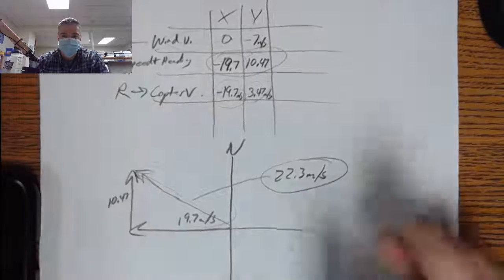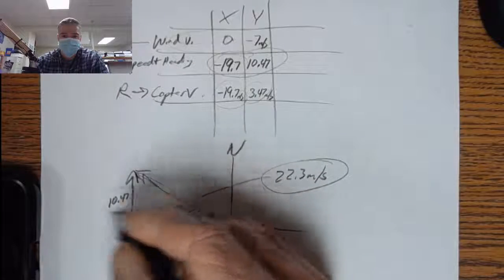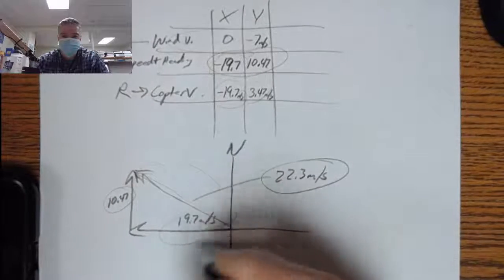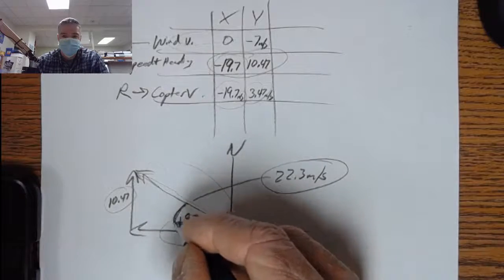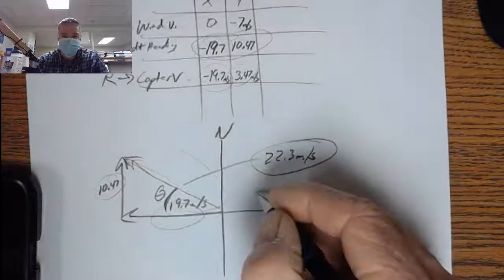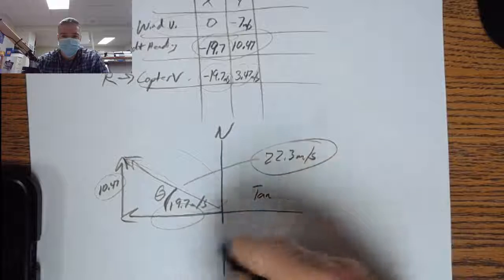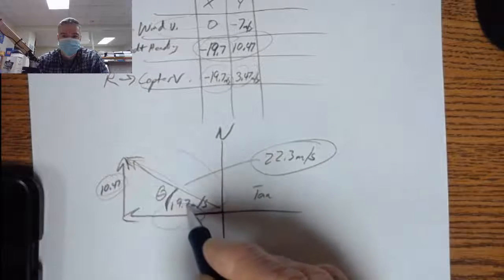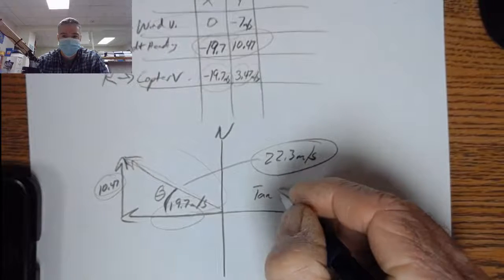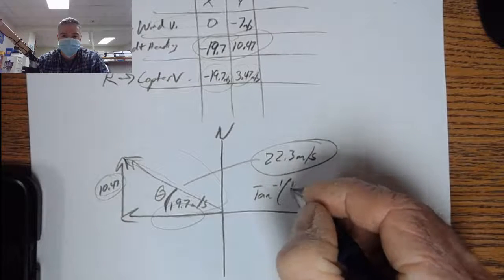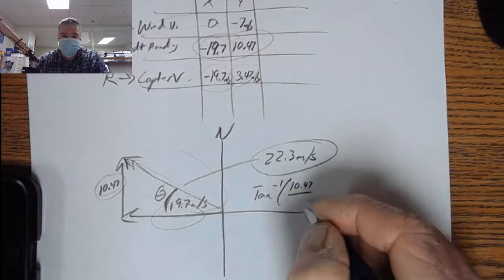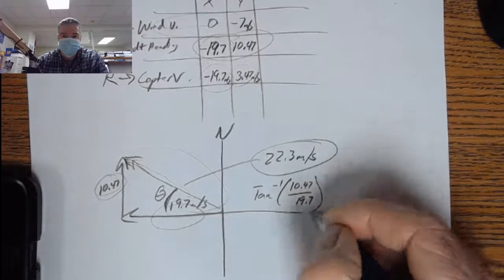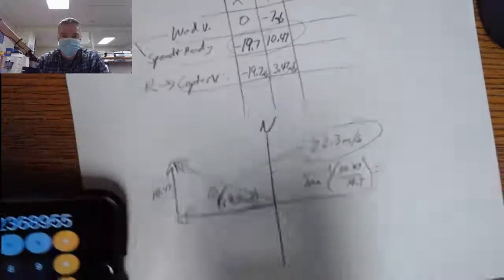That's the airspeed. And now for the heading, since I have this number and I have this number, I'm going to find this angle, and I can use inverse tangent for that because the tangent of that angle theta equals 10.47 over 19.7. So I can say the inverse tangent of 10.47 over 19.7 equals the angle.